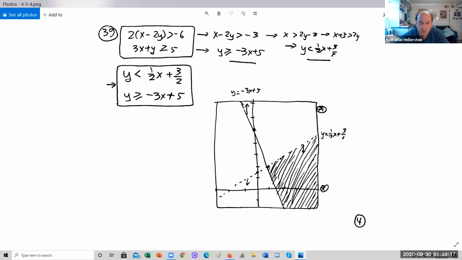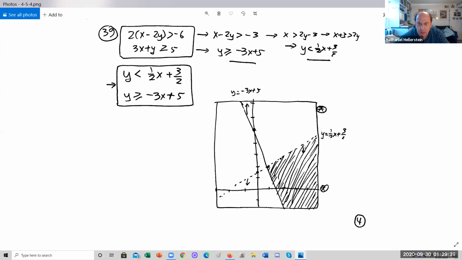Okay, y equals negative 3x plus 5 is this line here with an intercept at 0, 5 and a slope of negative 3. We want y greater than or equal, so we'll be coloring above that line. y equals a half x plus 3/2. Here's the 0, 3/2 intercept. This has a slope of 1/2 like this.